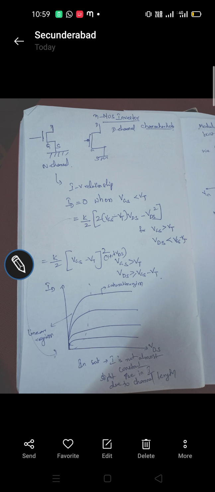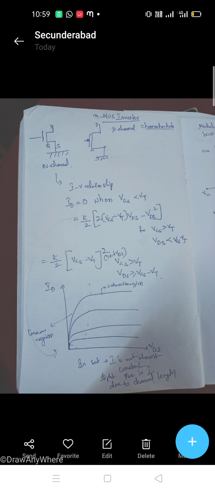So these are the three equations: one is ID equals 0, and the other two are these equations. These are the three equations for the current to voltage relationship, for the conditions VGS less than VT, VGS greater than VT with VDS less than VGS minus VT, and VGS greater than VT with VDS greater than or equal to VGS minus VT.